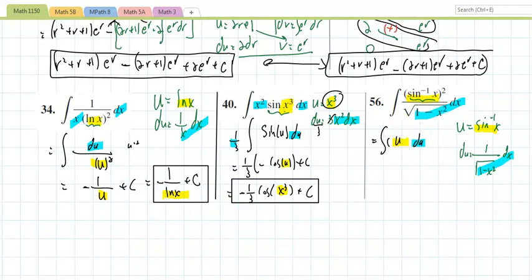And I know how that works. Add 1 to the power, divide by that. And if I go back for u, I know what u is. U was the sine inverse of x. That's going to be the sine inverse of x cubed divided by 3 plus c.